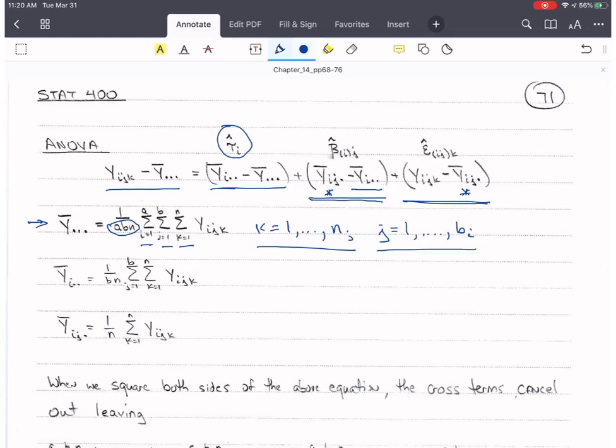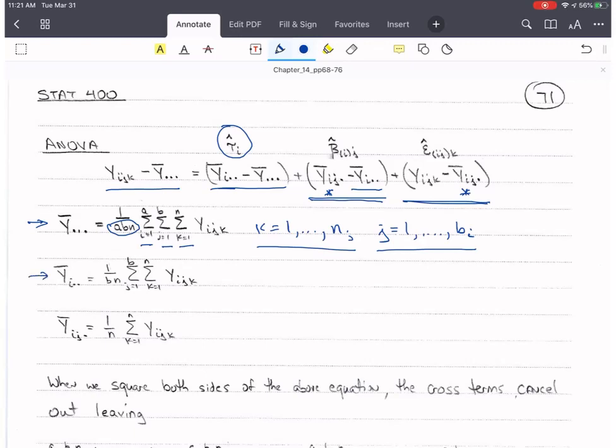I'm just not going to go over those because in the end we're going to use a computer program, so I don't see the necessity of making such a mess in the notes. But you can always Google these unbalanced designs and see all the adjustments to the equations. But this is logical.